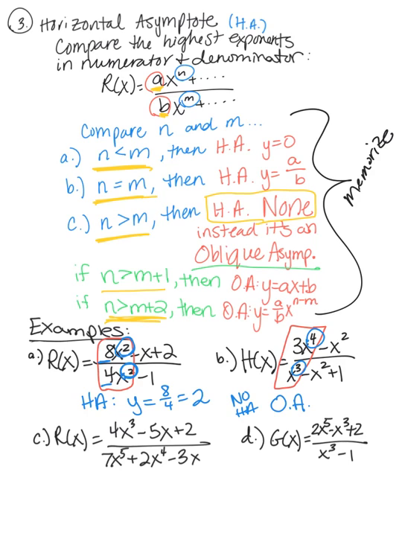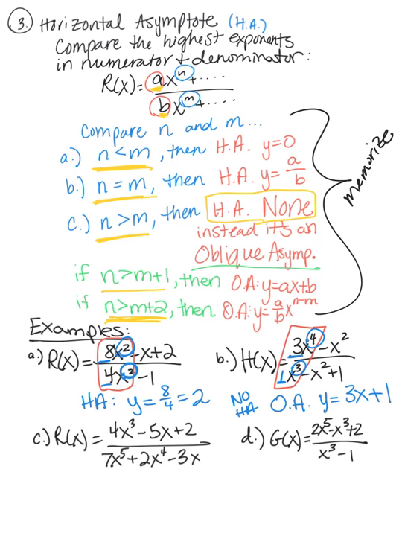So now I have to ask myself, okay, is 4 one more number than 3? 2 more numbers than 3? So 4 is actually one more number than 3. So that means that my horizontal asymptote is none. My oblique asymptote is y equals ax plus b. And I got a 1 because remember, when there's no number there, I'm going to pull a 1 there.